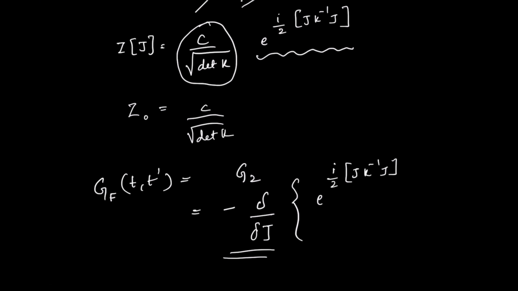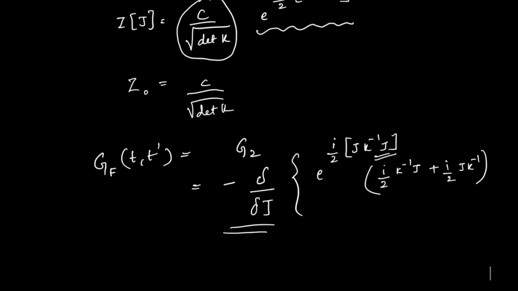So there are two J's. First I will do it with respect to the first J, then I will get I by 2 K inverse J, plus now I have to do it with the second J, then I will get I by 2 J K inverse, right?